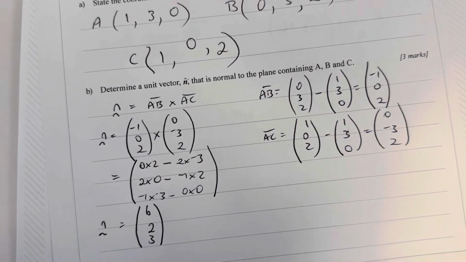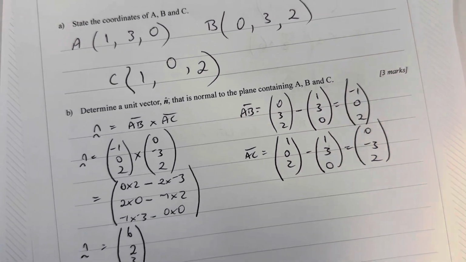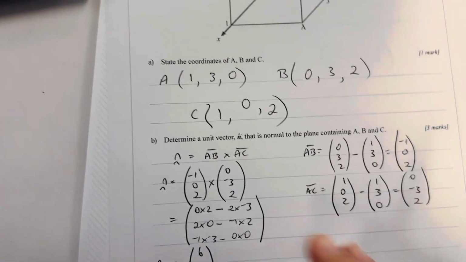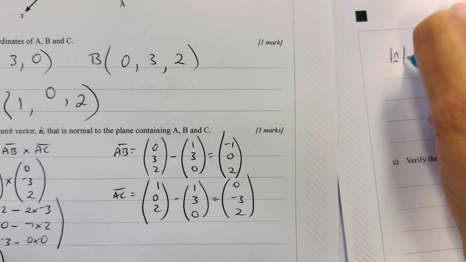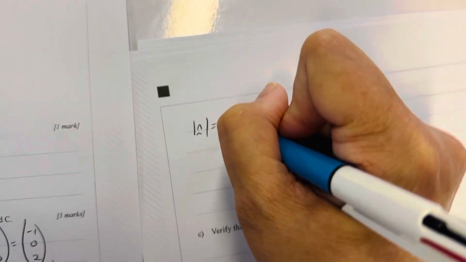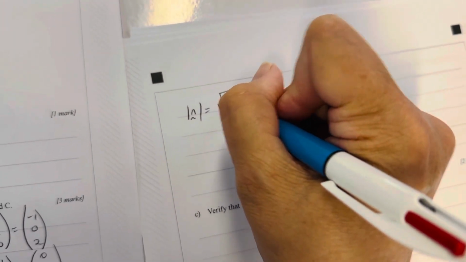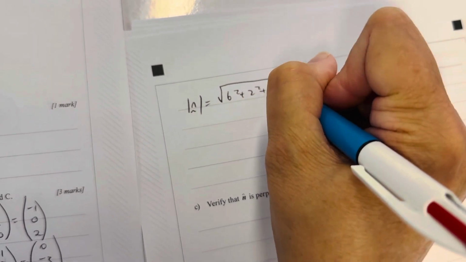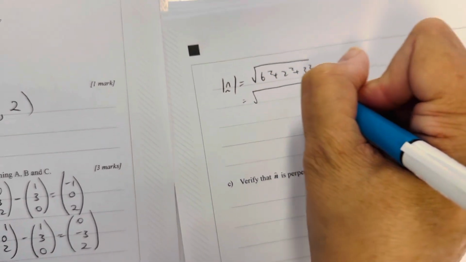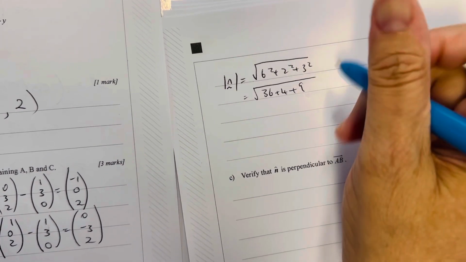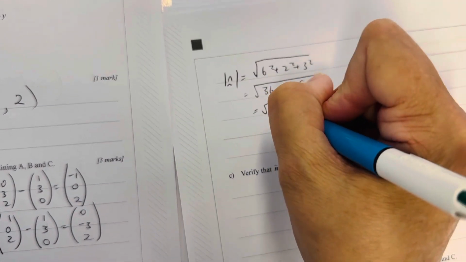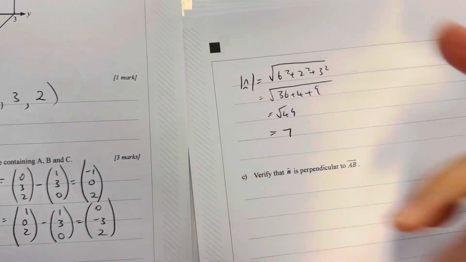We were actually wanting the unit vector. So we need to go a little further. So what is the absolute value of n? And that's going to be 6 squared plus 2 squared plus 3 squared, which is 36 plus 4 plus 9, square root of 49, 7.